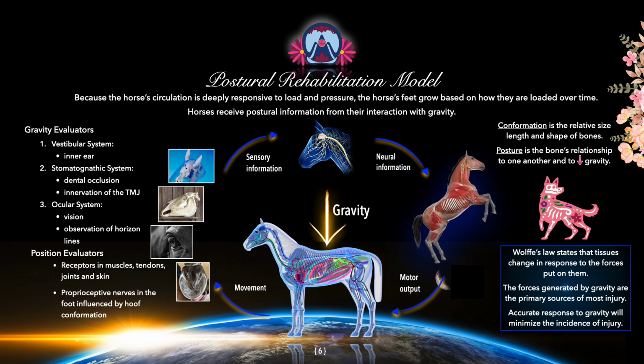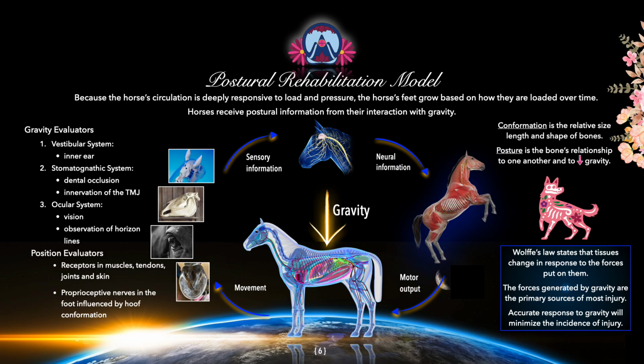And of course, their position evaluators, which are in their proprioceptive nerves in their feet, as well as nerve receptors in their muscles, tendons, joints, and skin. So all of that sensory information goes into the neural system and then influences how they move and how they stand, and implements then into movement in response to gravity.